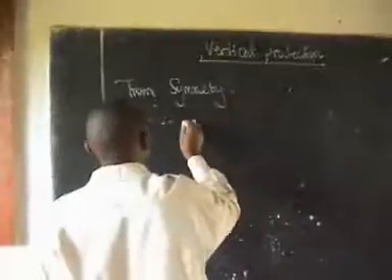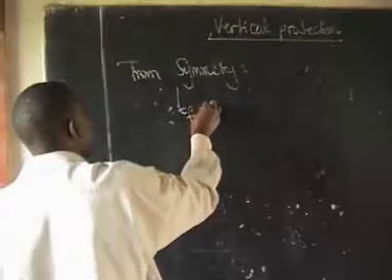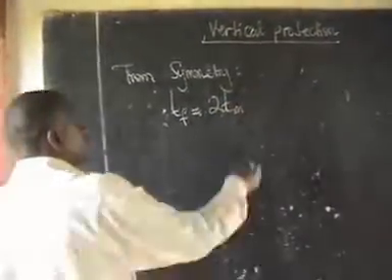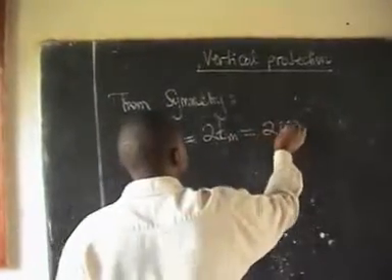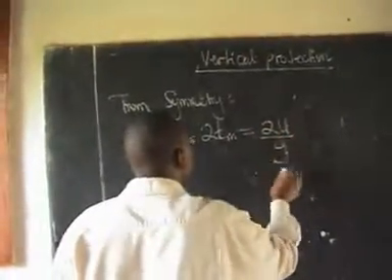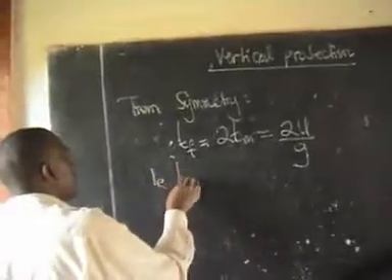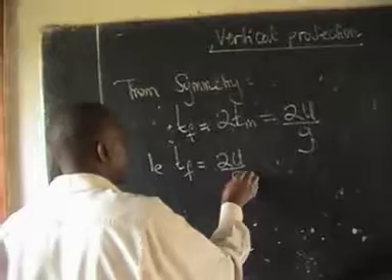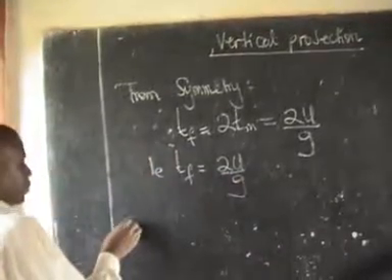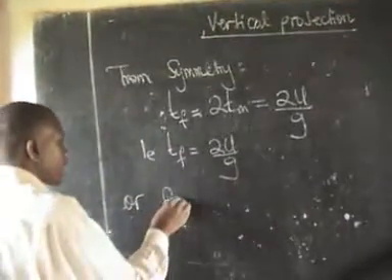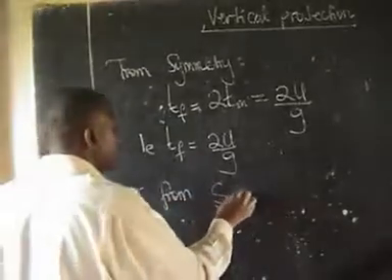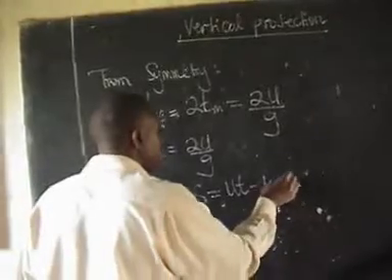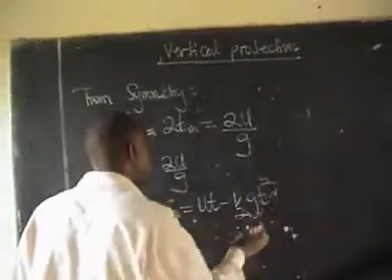So that t can be obtained from multiplying the 2, so that we can get 2u out of g, i.e. tf is equal to 2u over g, from s is equal to ut minus a half gt squared.